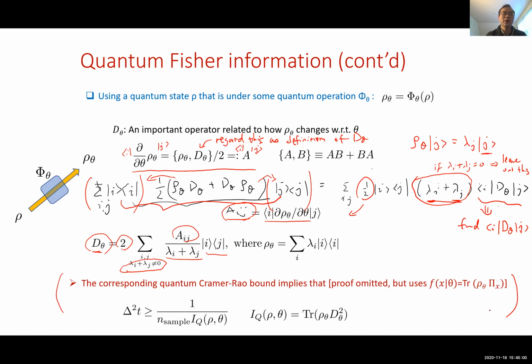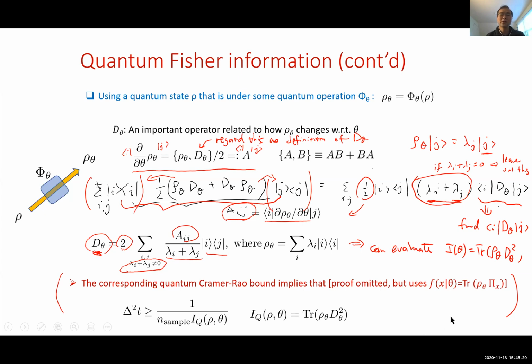Once we have the expression for D theta, we can evaluate I theta, which is the trace of rho theta D theta squared.